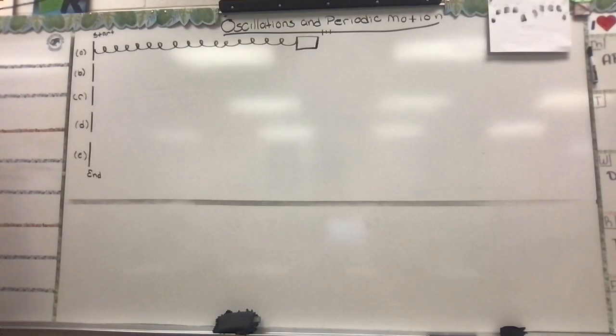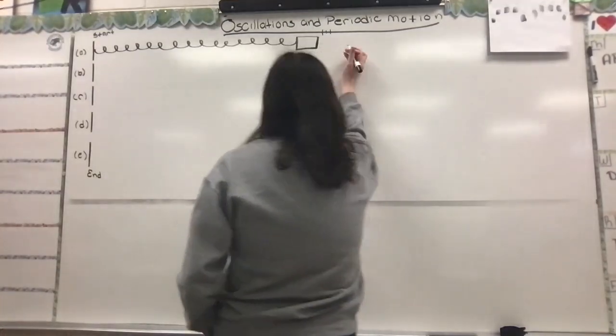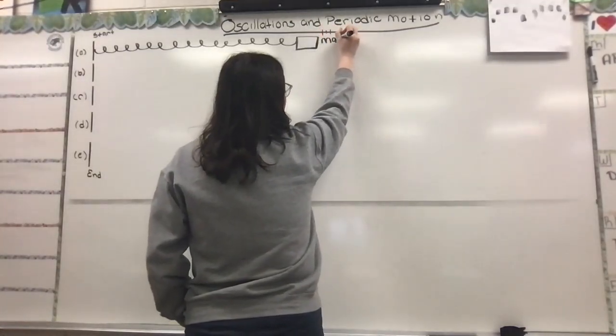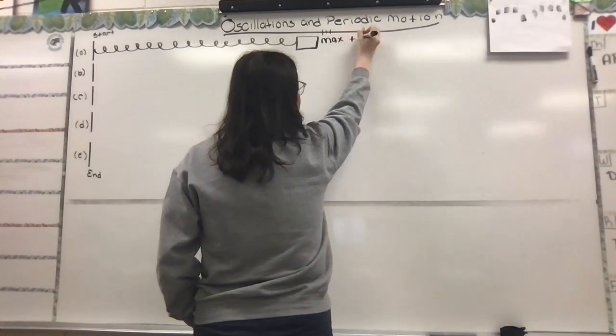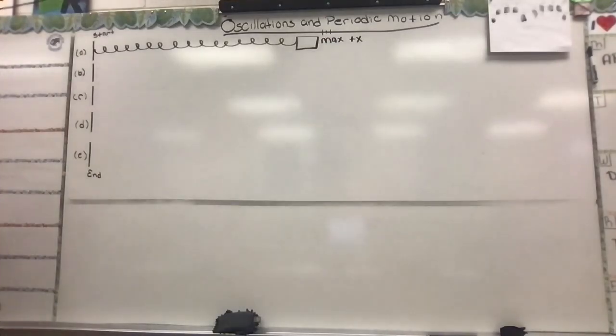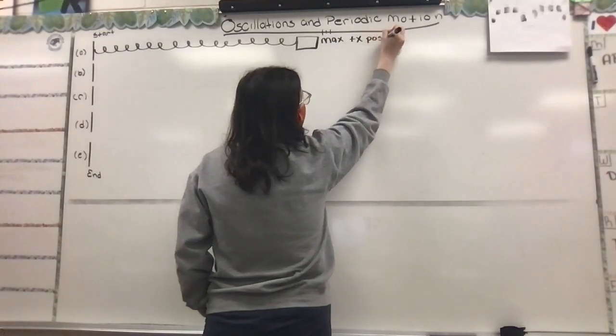Imagine like you pulled your slinky out as far as it would go. So we have this at its max distance, which means that while it's here, it is at its maximum positive distance. It's at its maximum positive x position. It's as far as we can pull it away.